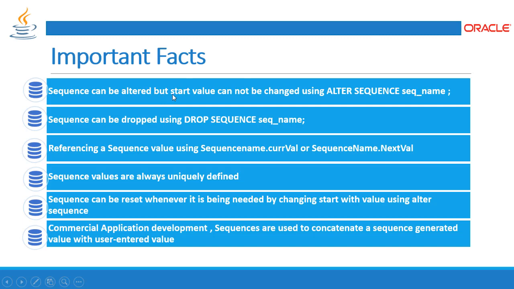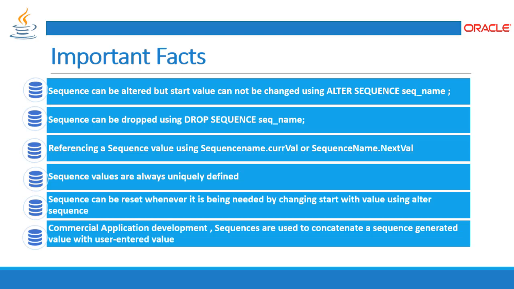Sequence can be altered, but start value cannot be changed using alter sequence. You cannot change the start value because the sequence is already created. But you can reset the sequence definition using alter sequence. Sequence can be dropped using drop sequence. That's what we saw in the demonstration.